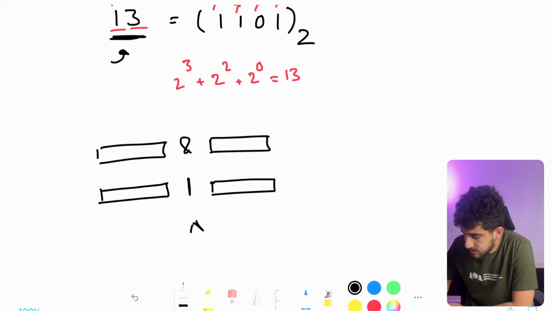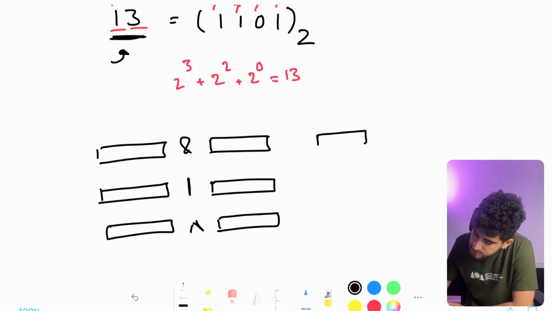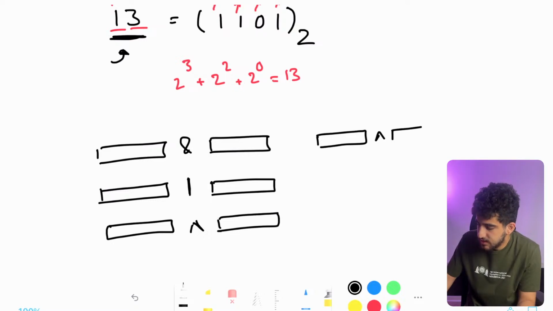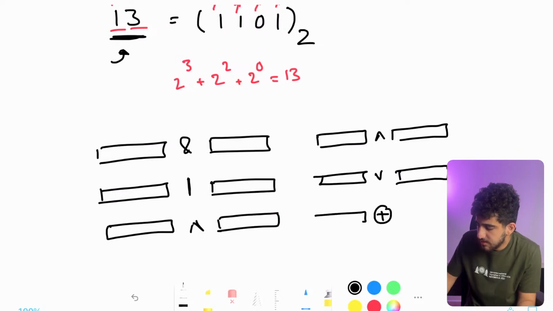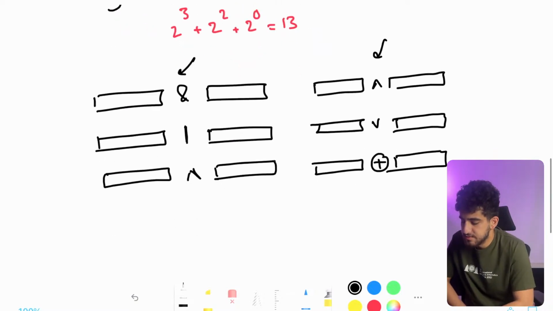In our code, we show them like this, though in mathematics, it's usually shown like this. I mean, AND is shown with this sign, OR is shown like this, XOR is shown like this in mathematics. In mathematics notation, it is like this. In C++ notation, it's like this. I'm gonna talk about what each one of them means.